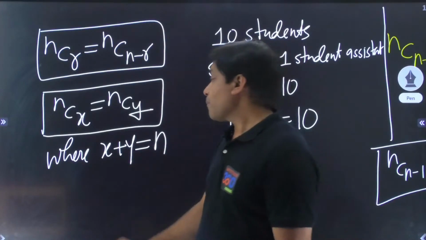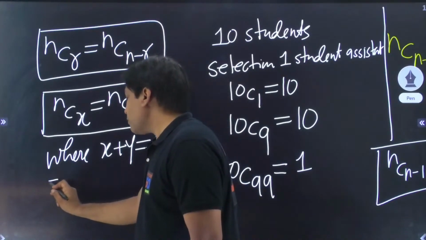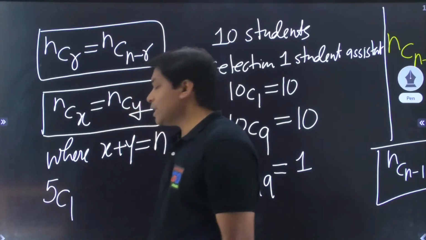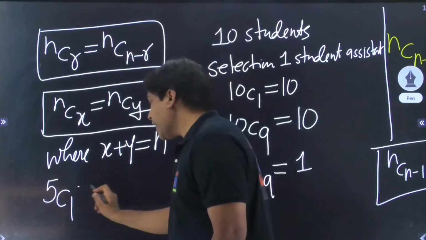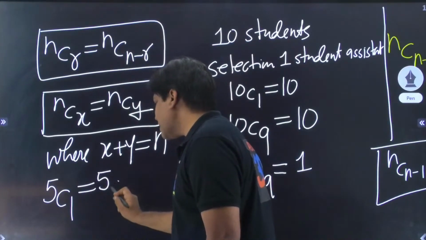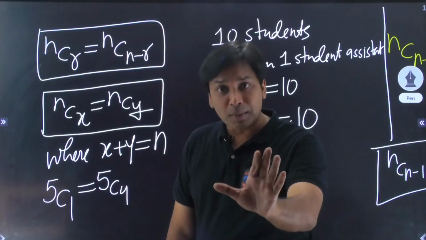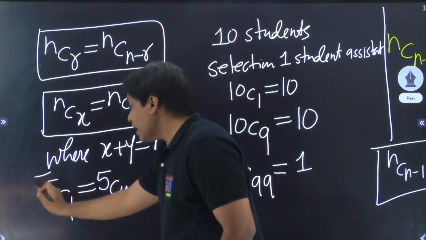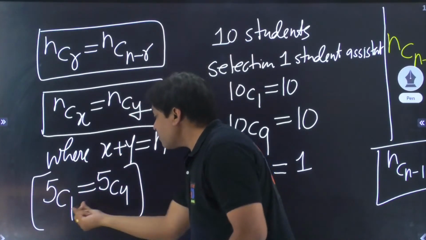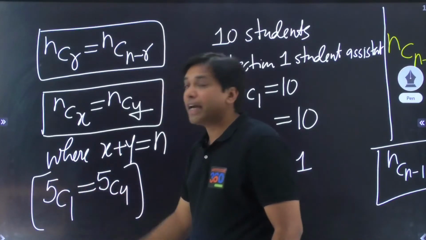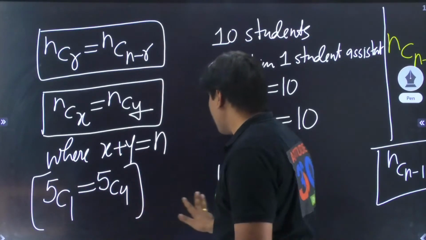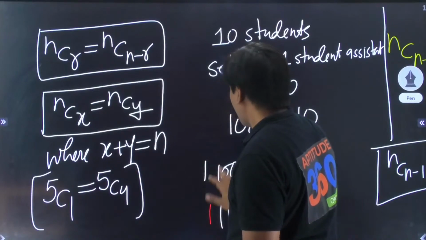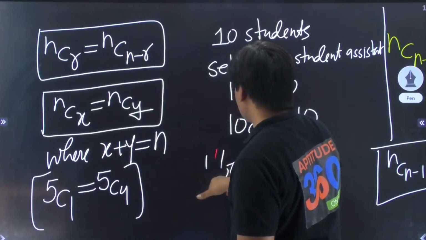So what did I say? If I have to write 5C1, I can also say that 5C1 is equal to 5C4. We will calculate 5C1 and 5C4 shortly, but I'm pretty sure that if the sum of these two values is going to be 5, then this is what we are looking for.